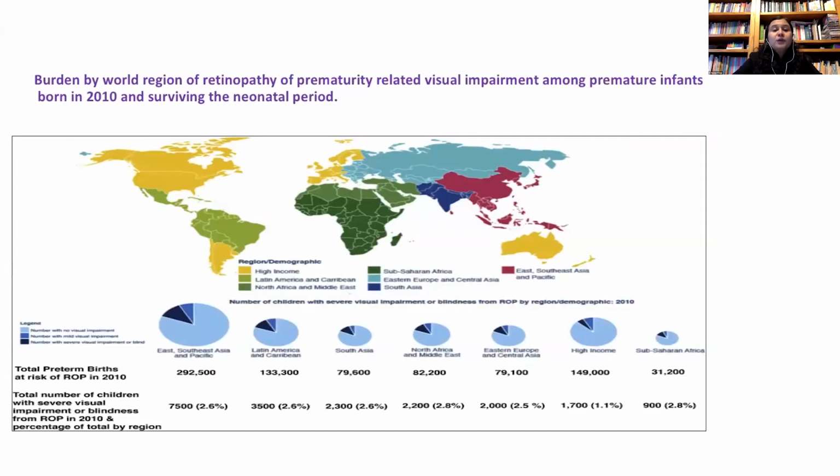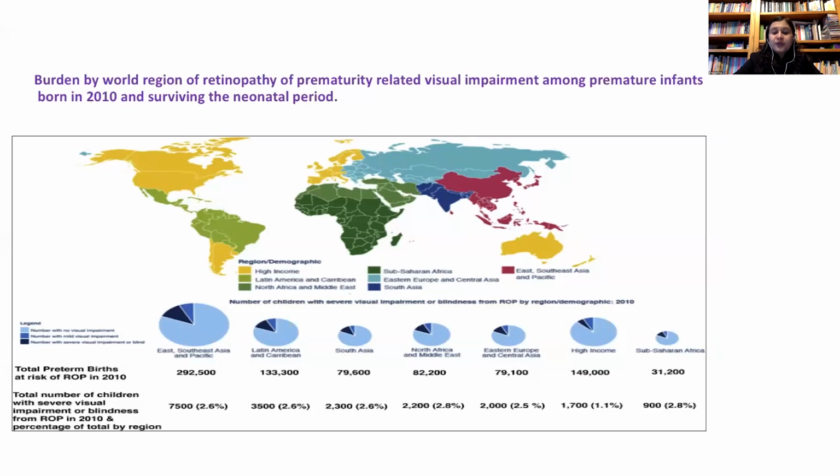This is the global map which shows the burden of visual impairment due to retinopathy of prematurity. Sub-Saharan Africa, North Africa and the Middle East have a higher percentage of visual impairment and blindness due to ROP, while high-income countries have the least prevalence.